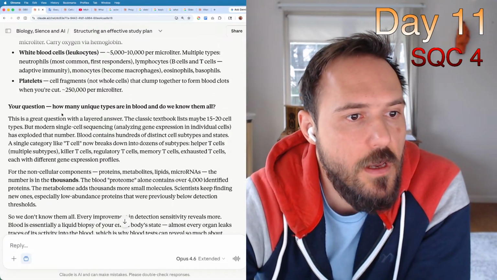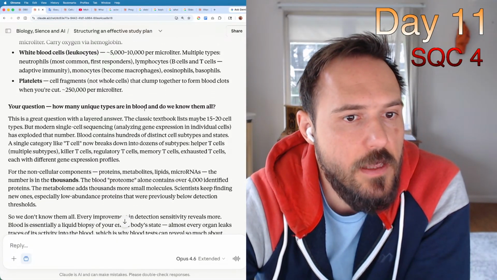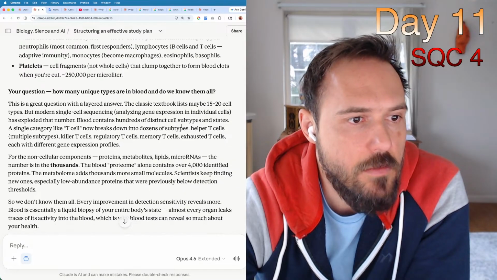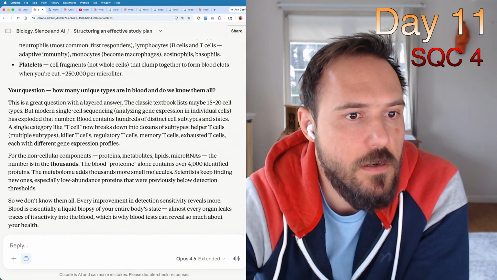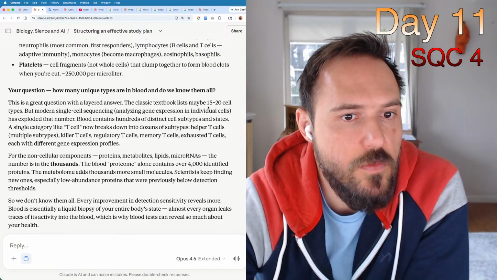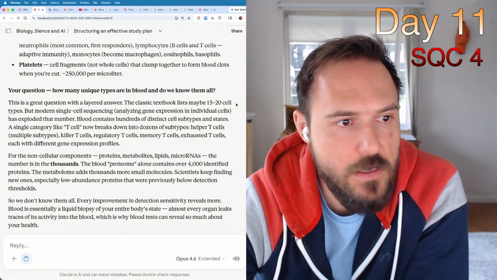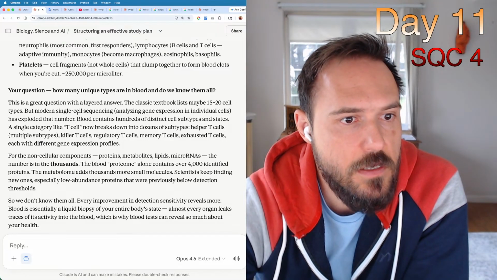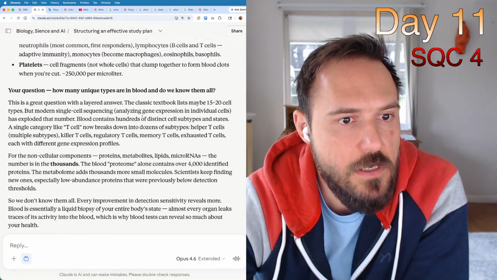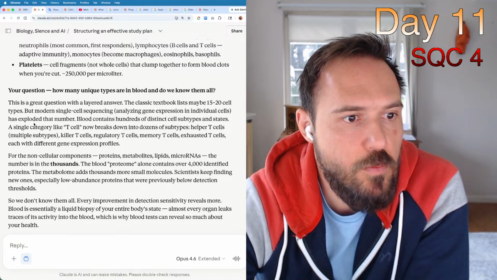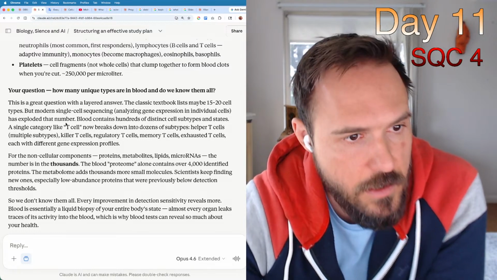Your question, how many unique types are in the blood and do we know all of them? This is a great question with a layered answer. The classic textbook list maybe 15-20 cell types, but modern single cell sequencing analyzing gene expression in individual cells has exploded that number.